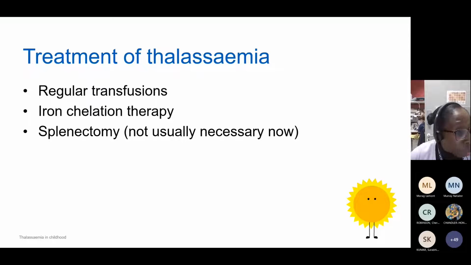Then you can sometimes do a splenectomy, because sometimes the spleen gobbles up all the cells and holds onto them and keeps the hemoglobin quite low. But we try to avoid that now because we feel that the spleen has quite a function in fighting infections. And sometimes if you start transfusion early, that process wouldn't necessarily be necessary.